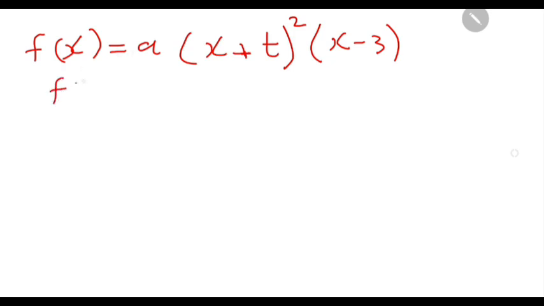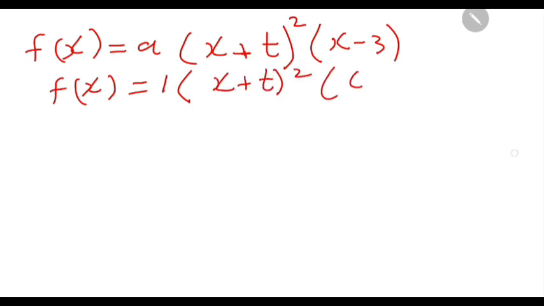So we got the a. So f of x, a we already got 1. So this is going to be x plus t square and x negative 3. So this is easy now. Use the y-intercept to find the value of the x-coordinate of m, which now we say t.